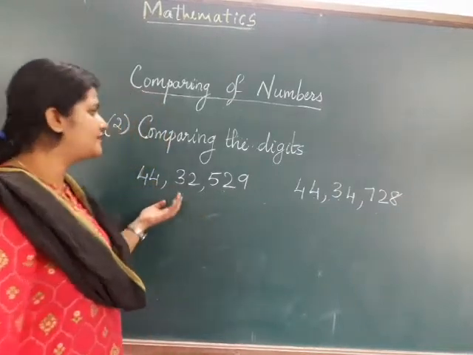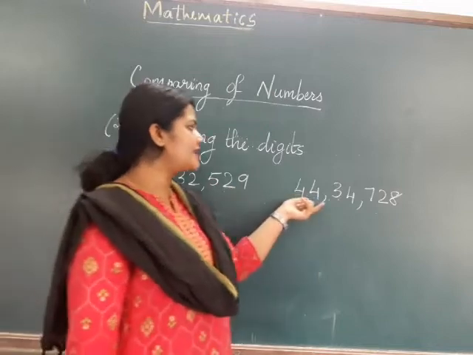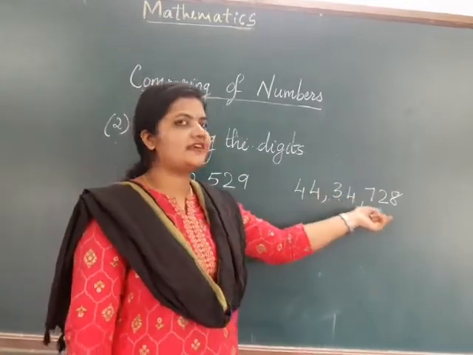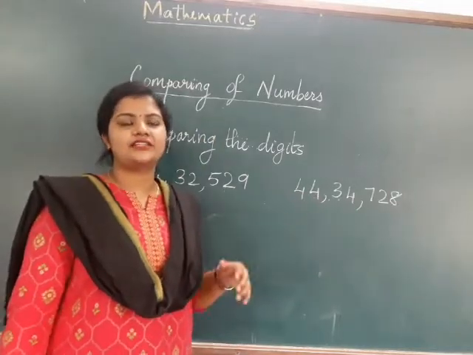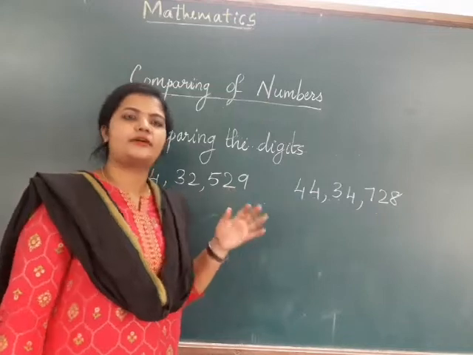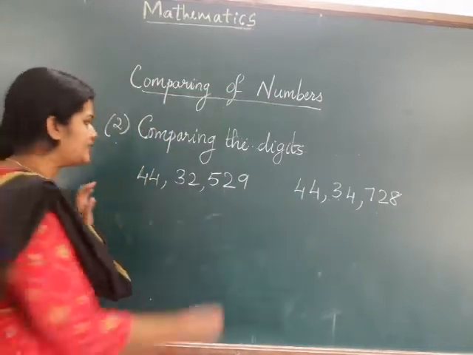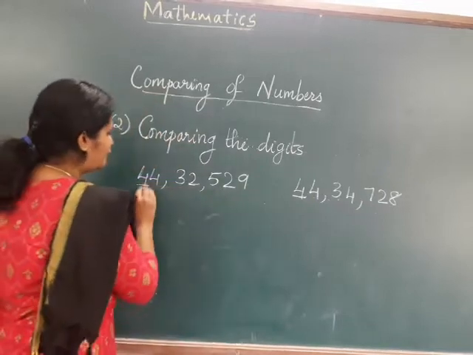Now let's take another example. I have taken 44,32,529 and 44,34,728. As you can see, both are 7 digit numbers. So let's start comparing each digit of these numbers. Starting from the left hand side, in the first number we have 4 and here also we have 4.